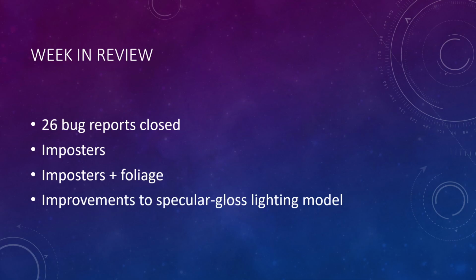I worked it into the shader family system, so now you can have foliage with the PBR lighting model with the specular gloss shader. You can add different ones, and it'll work really nicely together with the fragment shader. And then there were some improvements to the specular gloss lighting model you might not have noticed, but it's definitely looking better.